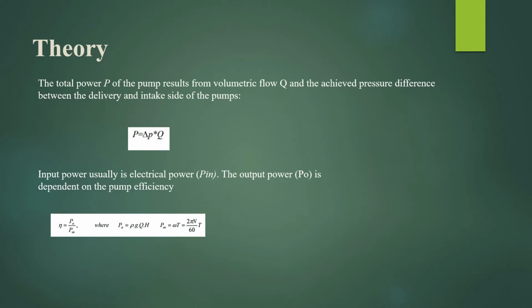Total power can be obtained from the pressure difference times Q. Second, the efficiency equals P out, the power out, divided by power in, whereas power out can be obtained from the density times g times Q times H, and P in equals omega times T, which equals 2 pi n over 60 times T. These are the formulas that we will use to get the results.